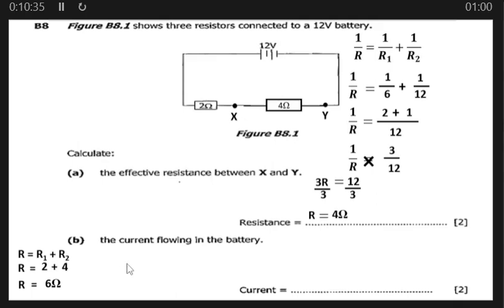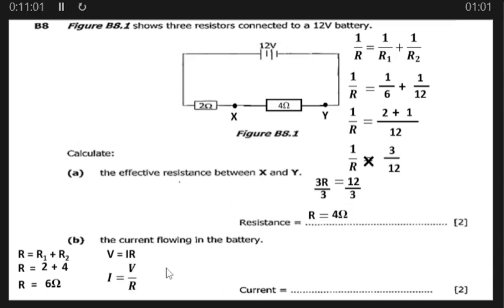So we are now going to introduce Ohm's law, which says voltage is equal to current times resistance. So now we know the voltage which is provided, which is 12, and then we know the total resistance which is opposing the current. So we can make current the subject of the formula as current is equal to voltage over resistance.